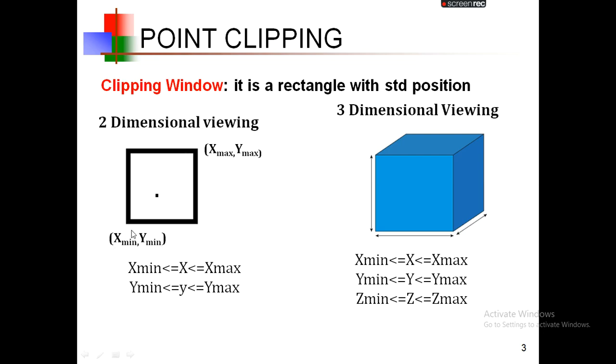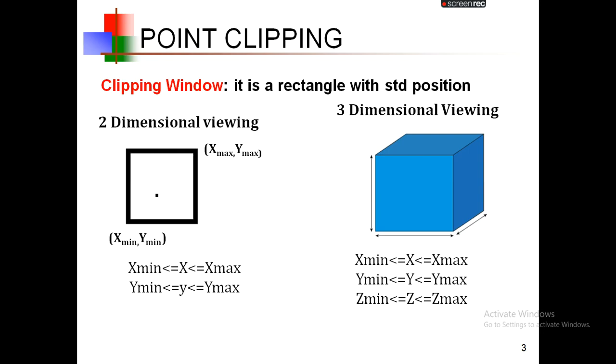This is the position of the clipping window in our OpenGL program. I also wrote one more position of the clipping window, x max, y max. It means our clipping window ranges from x minimum to x maximum with respect to the x axis, and y minimum to y maximum with respect to the y axis. So this is the size of the clipping window we defined in a two-dimensional plane, or in the two-dimensional Cartesian reference frame.